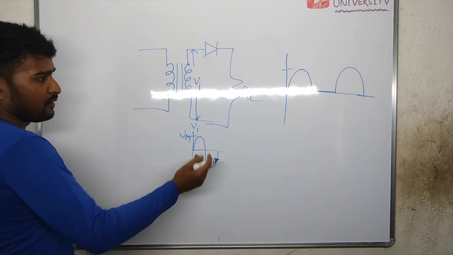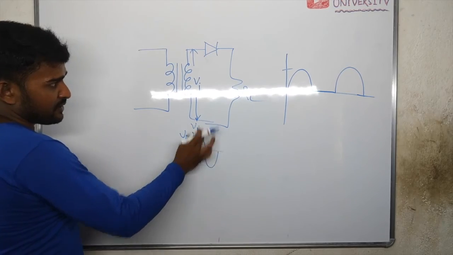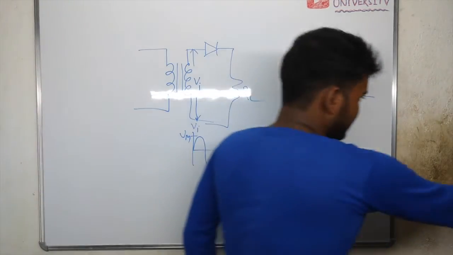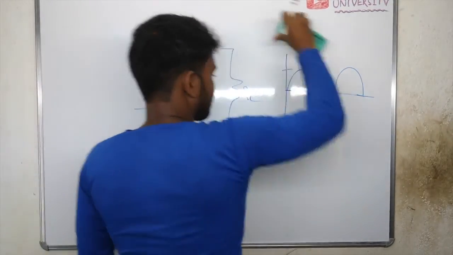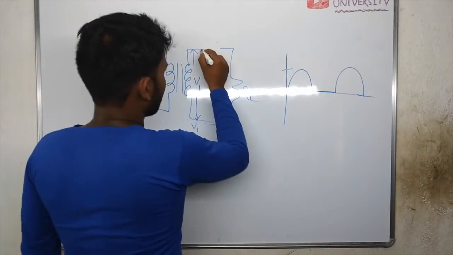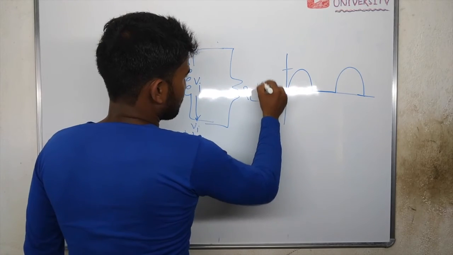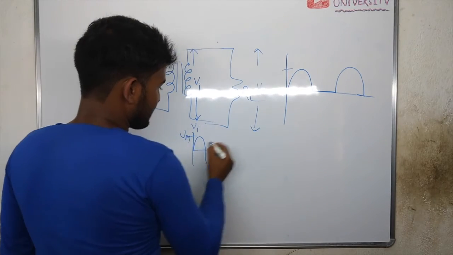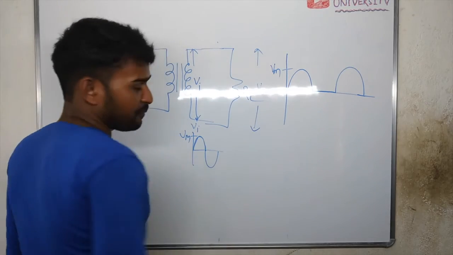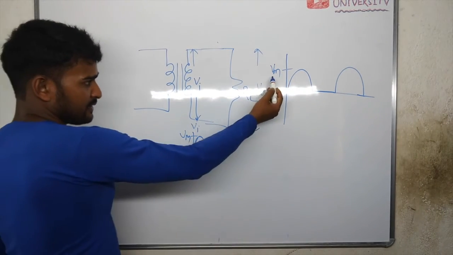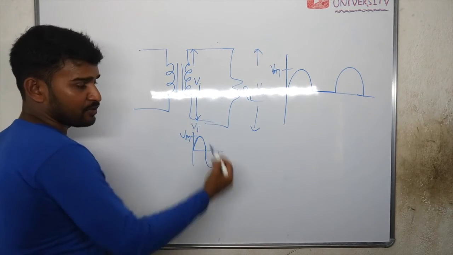During the positive half cycle, this diode will be replaced with a short circuit. Then the entire input voltage will be available at the output, with the same peak value as the input. This Vm is the maximum value of the input voltage.